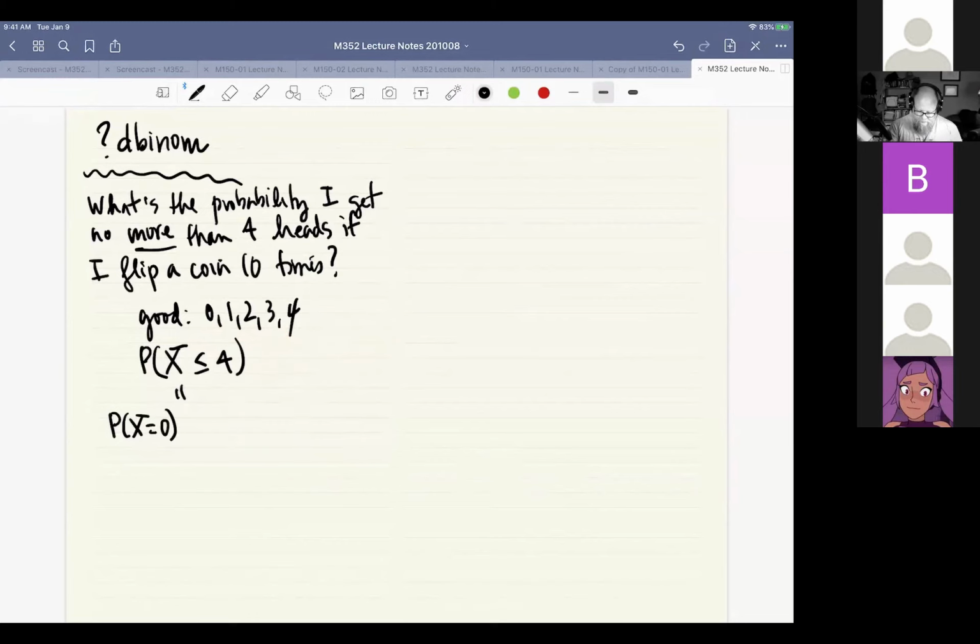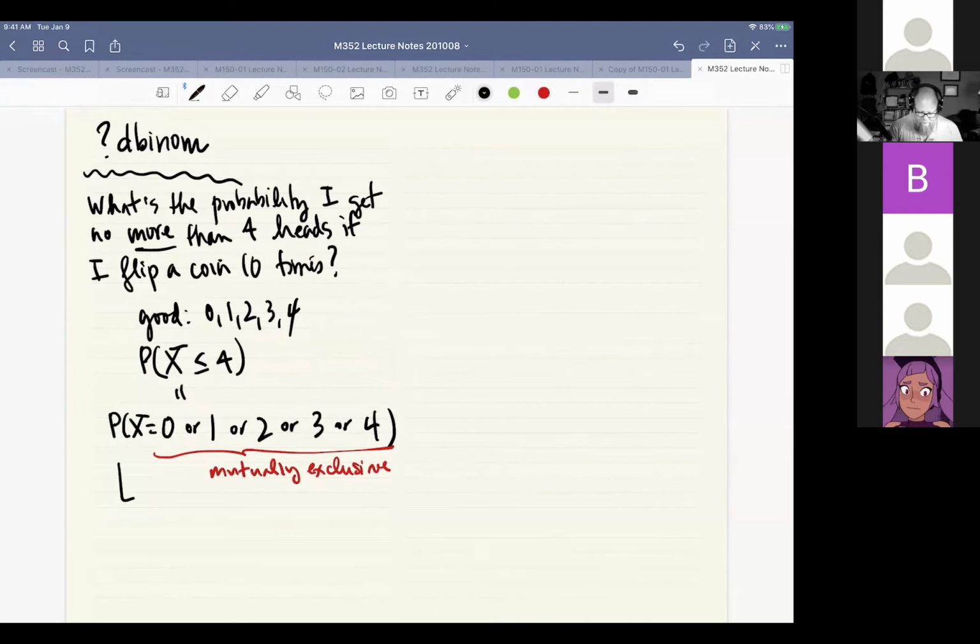Well, here, let's write it this way. I'm going to write it in English. 0 or 1 or 2 or 3 or 4. Okay. And these are all mutually exclusive events. None of them can happen simultaneously.